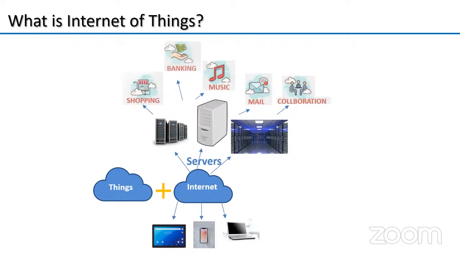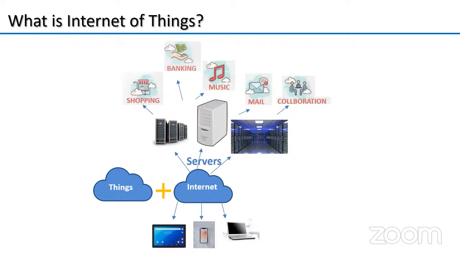Can I give internet to the water bottle? Can I give internet to the desk? Can I give internet connectivity to the chair? So in IoT, we have to consider electronic things. We have to focus only on electronic things.